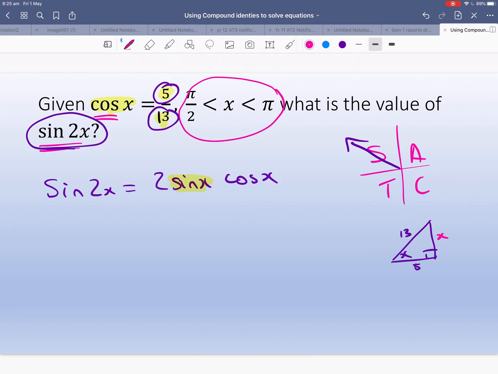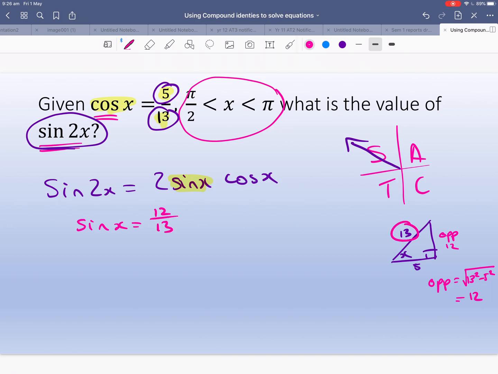By using Pythagoras, so x is probably not a good pronumeral, I need to find opposite. So I'm going to go opposite equals the square root of 13 squared minus 5 squared. Now that just equals 12. All right. So if that's 12, what is sine? Well, sine x is equal to 12 over the hypotenuse, which is still 13.